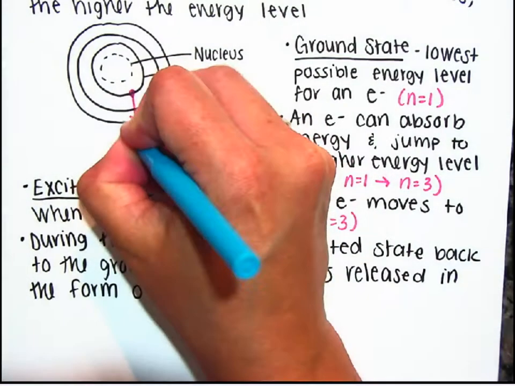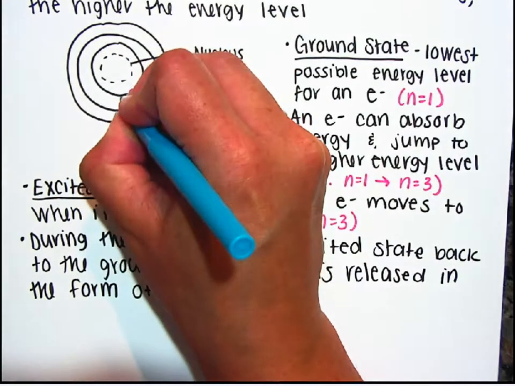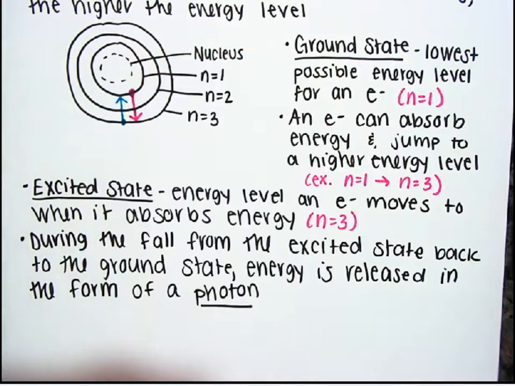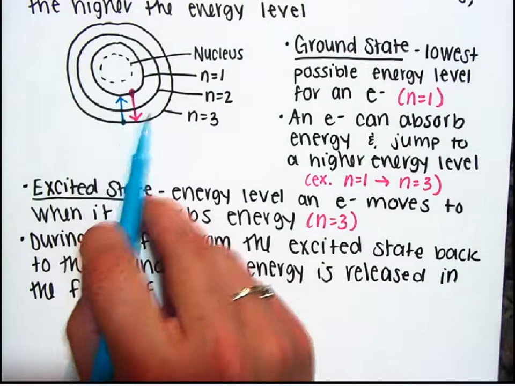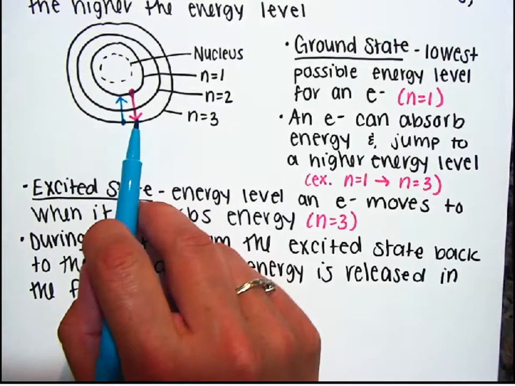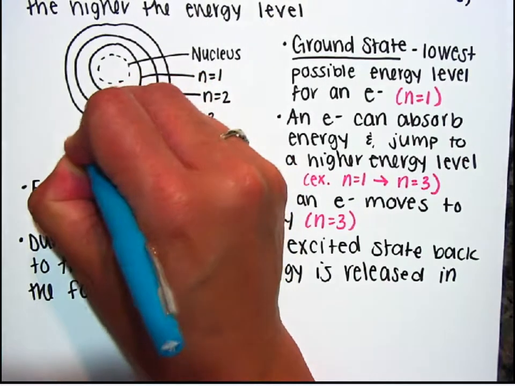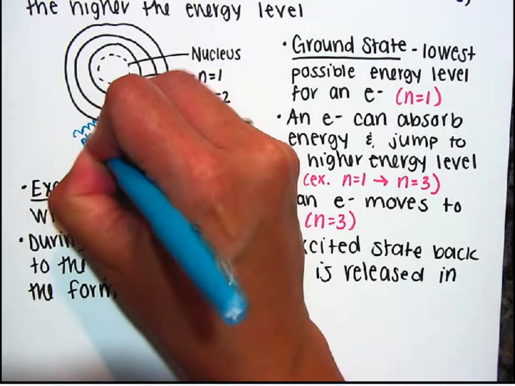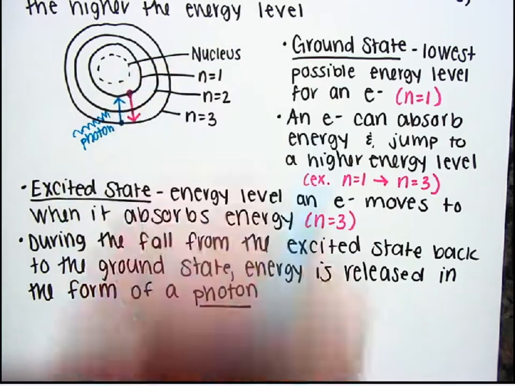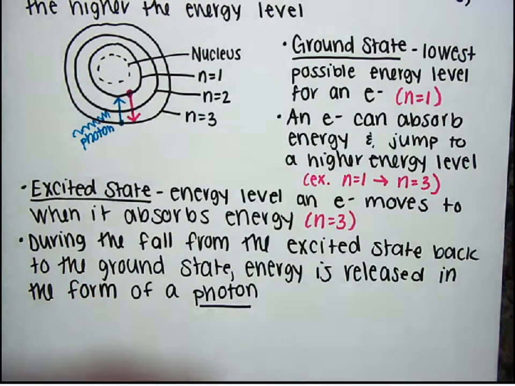So let's say this electron now falls back down to its ground state. Well, all of that energy that it gained has to go somewhere, and it's going to be released in the form of light energy, and we call that a photon.